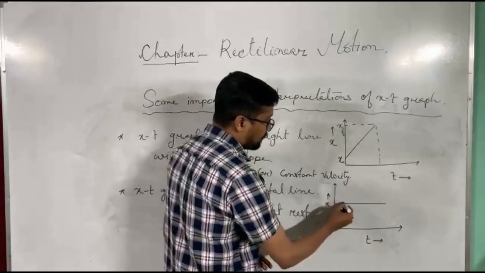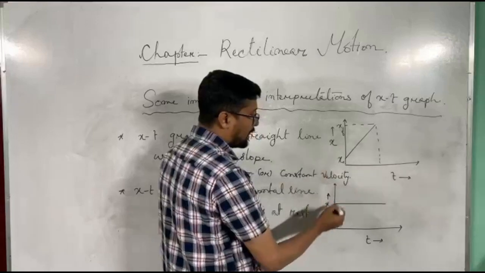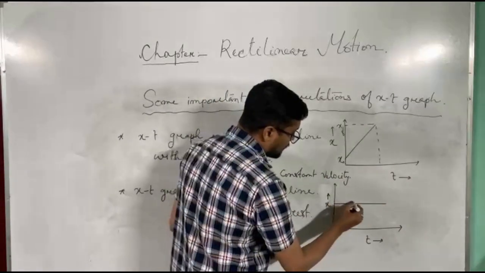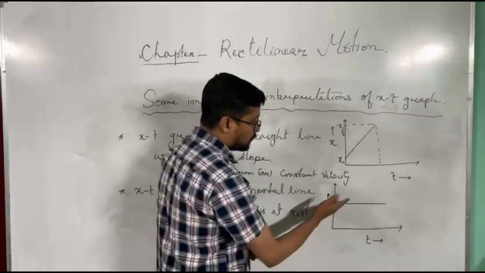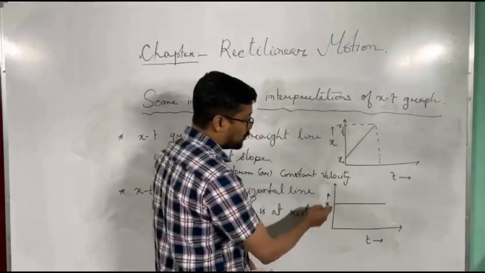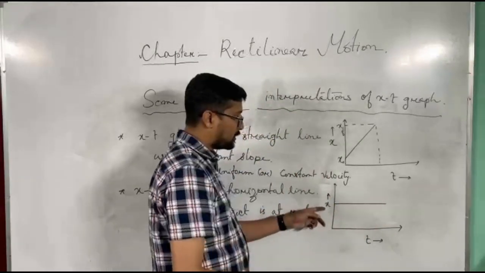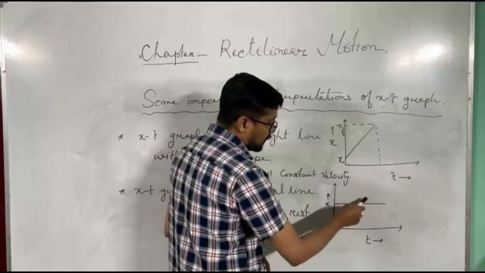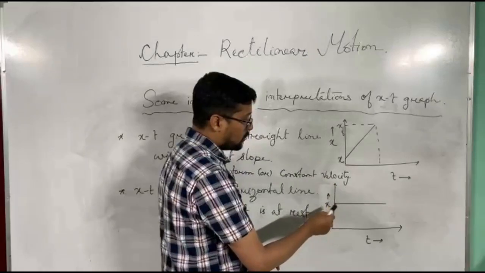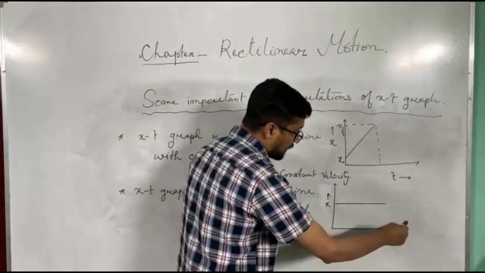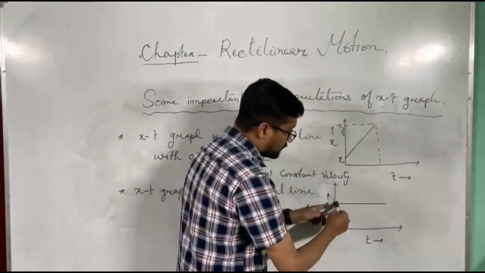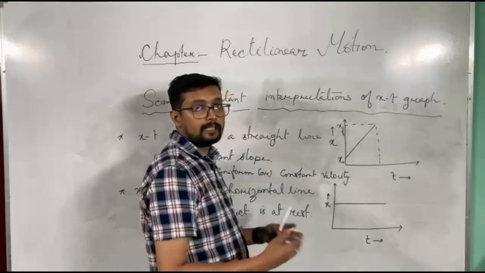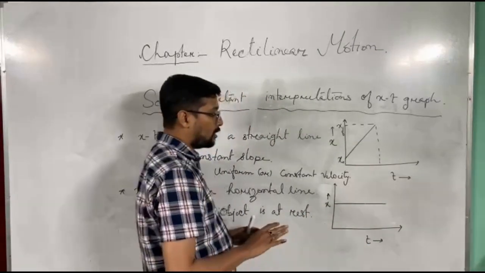Since the position is not varying with respect to time, it is along this line itself, which is parallel to the time axis. That means position is not varying, because position is on the vertical axis and there is no shift in position on the vertical axis. That is why in the entire time frame, the object is along this horizontal line itself. That means the object is not leaving its position. That means the object is at rest.